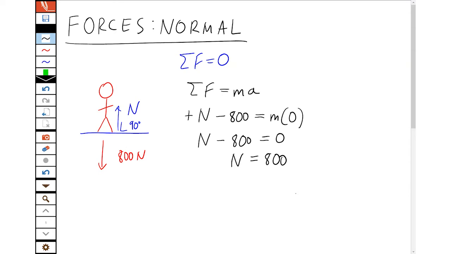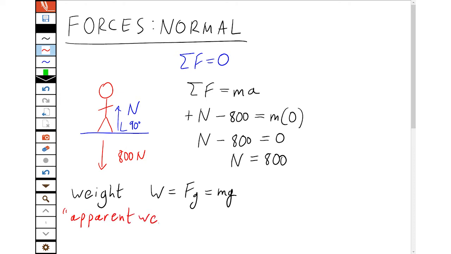When questions ask about your weight, that's the weight force we just saw, the mass times the acceleration due to gravity. But when they mention something about your apparent weight, or what weight you feel, then that's asking about the normal force instead.